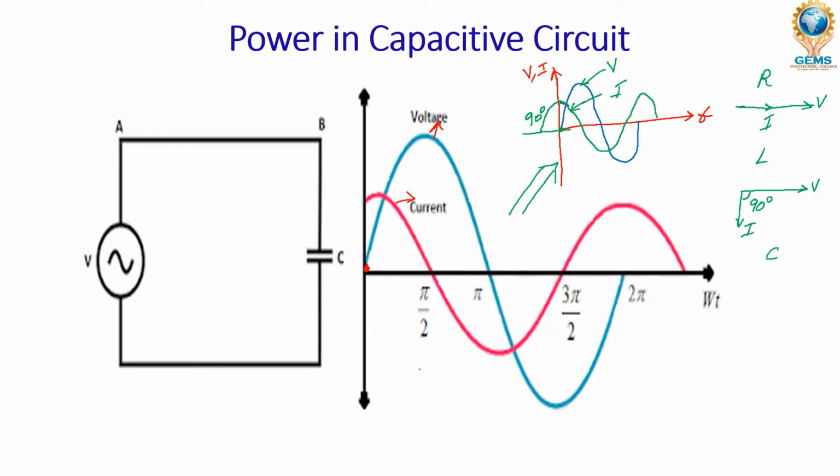In case of capacitor, here you can see voltage is here, current will be leading by 90 degrees. This is how the waveform is. Okay, we'll go next.